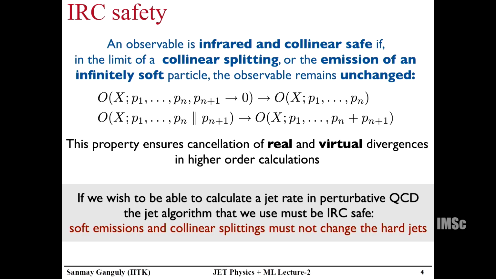Here you see there are n particles, and if there is an (n+1)th particle whose energy-momentum goes to 0, which means it is a soft particle, then a good jet algorithm should always give you a jet for which the jet observable O returns the same number whether or not you include the (n+1)th particle, which is tagged as a soft particle.